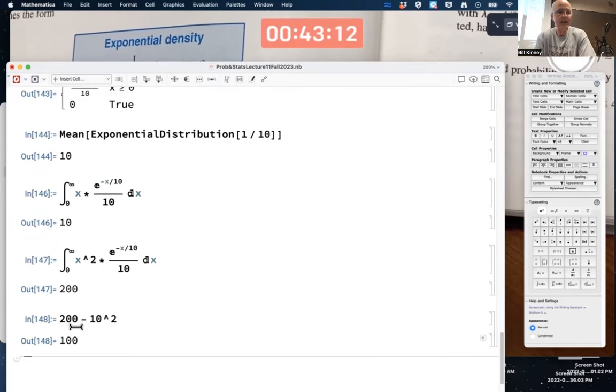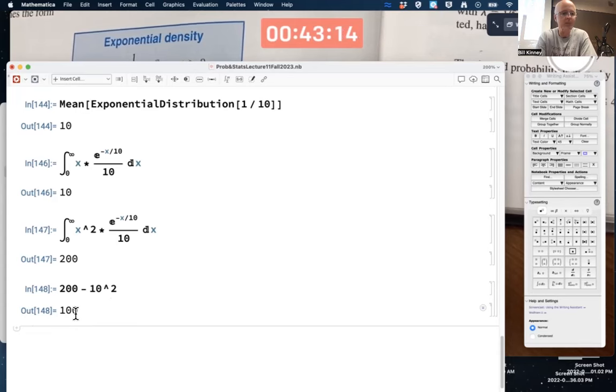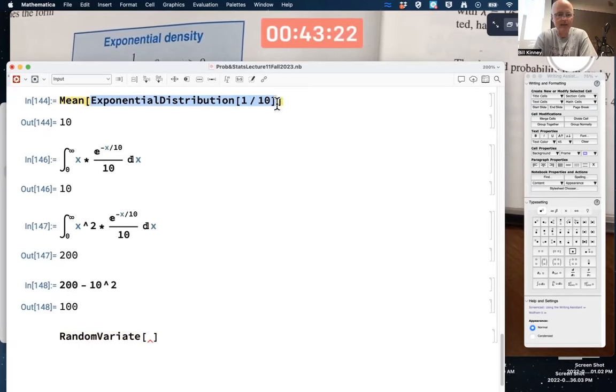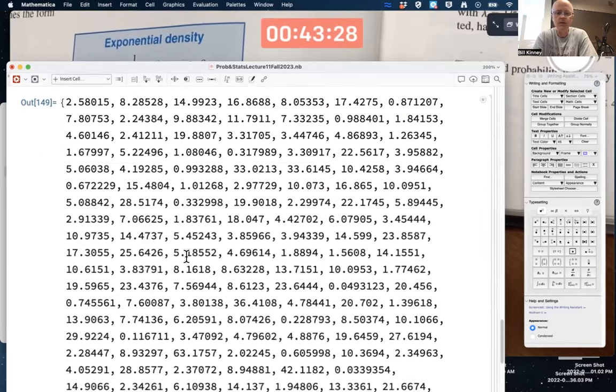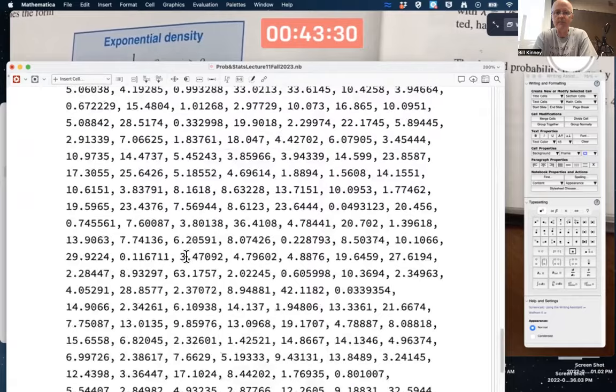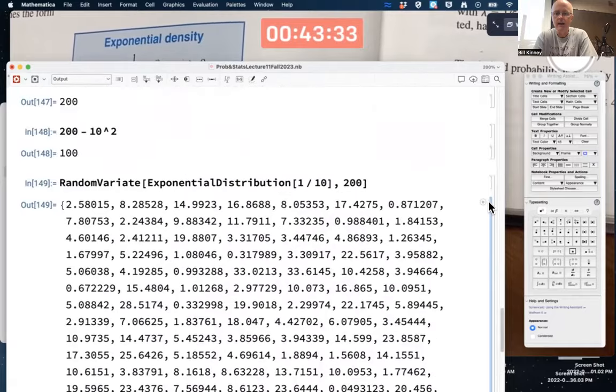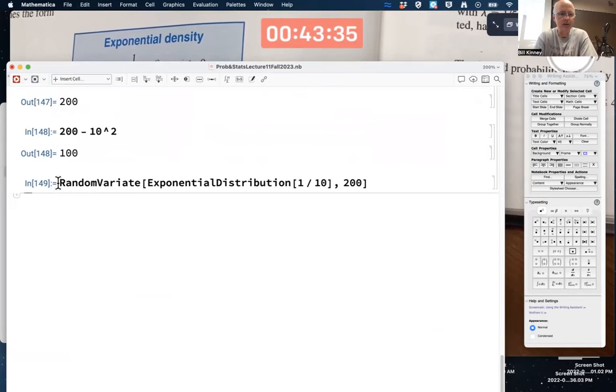Can we simulate from an exponential distribution with a mean of 10? Sure. Random variate, exponential distribution. I'm assuming Mathematica is doing a good job in these simulations. There's 200 data points from an exponential distribution with a mean of 10. If we put that inside a mean, it'll compute a mean of a simulated data set.